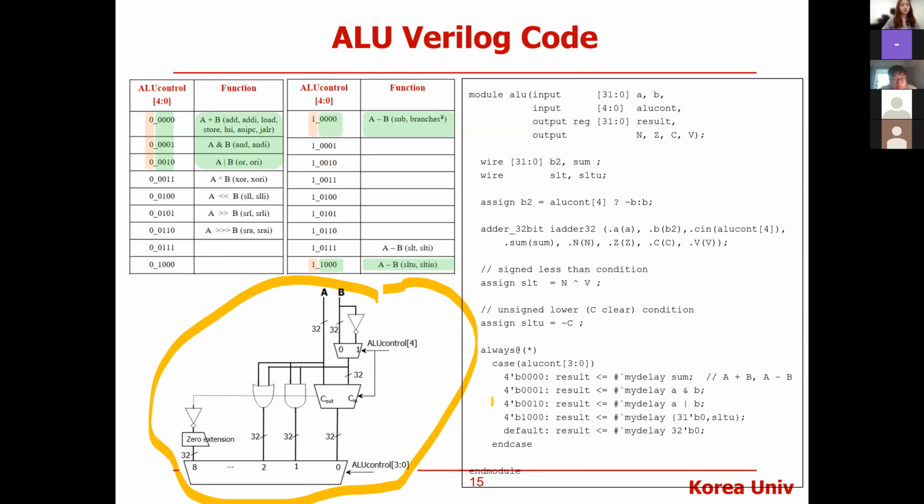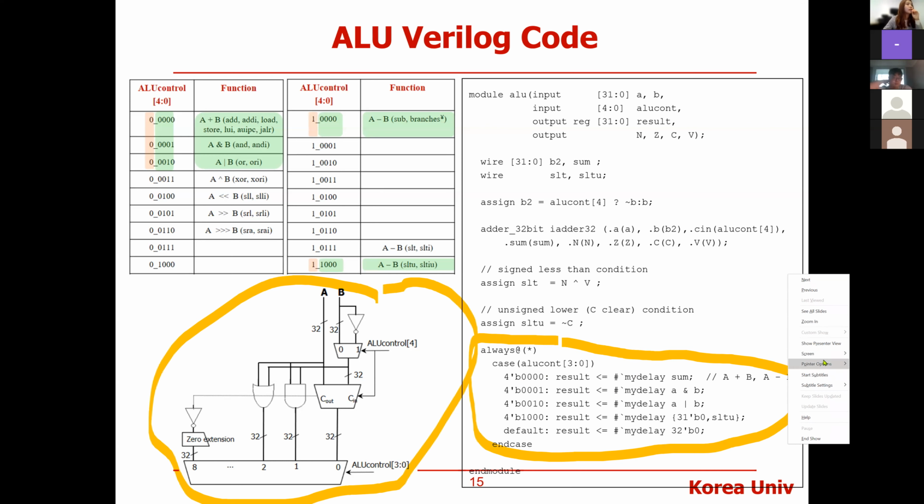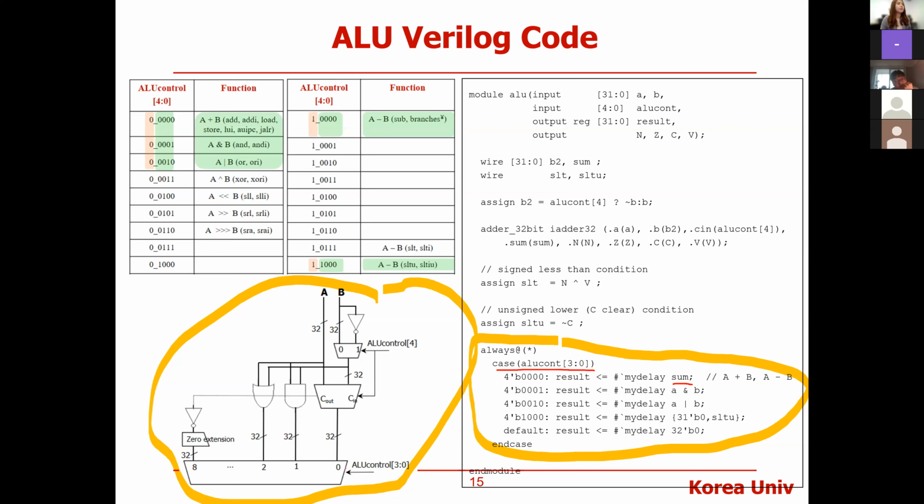So look at this. For example, this one. What do you think? This always statement corresponds to what? It is selecting, right? Case statement. So depending on the last 4 bits of ALU control, you are selecting either the sum, or AND gate output, OR gate output, SLTU.